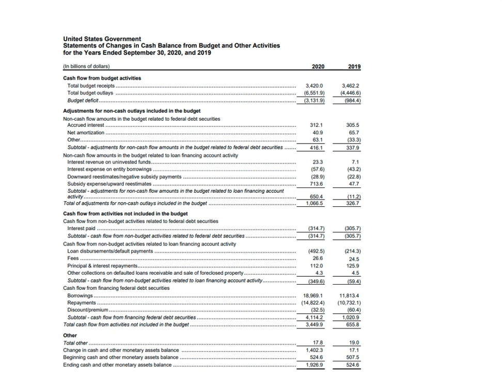Next is the statement of changes in cash balances from budget and other activities. This can be viewed as the cash flow statement in the private sector. This shows the cash-based budget deficit. We can add back all the non-cash payments included in the budget.